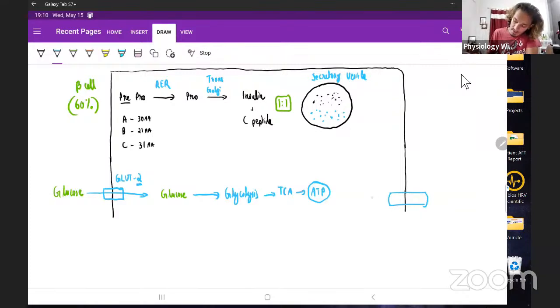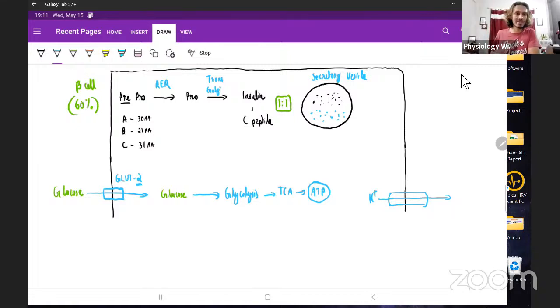What does this potassium ion channel generally do? It takes potassium outside. Potassium efflux. When there is potassium efflux, positive ions are reducing inside, going more towards hyperpolarization. So it's keeping this beta cell inert at rest normally.